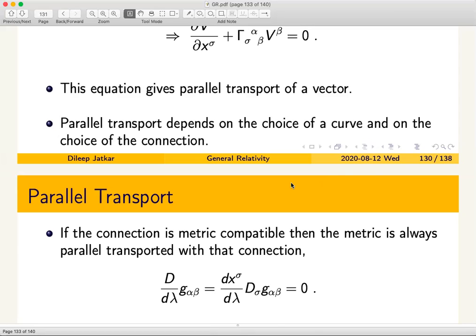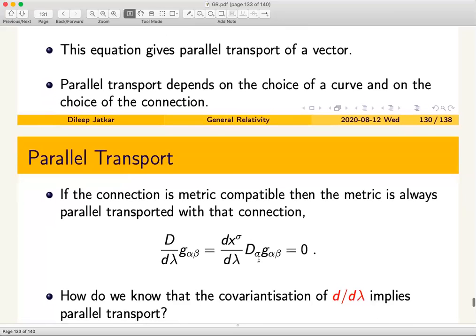But if it is not, then you need to keep track of that piece, the part of the connection which is antisymmetric in the covariant indices, and that is called torsion. One has to keep track of the torsion element when one studies gravity in the presence of non-symmetric connections.